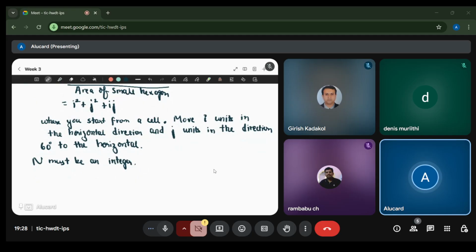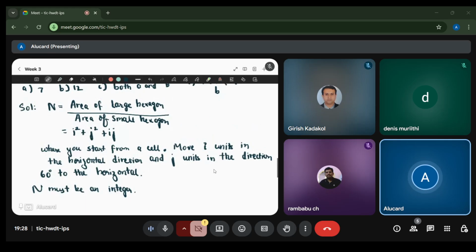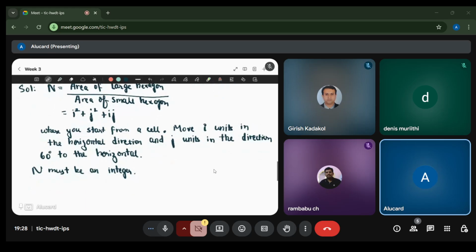So you check out what values i and j can take. Yeah, and i and j, I mean, all three must be integers.